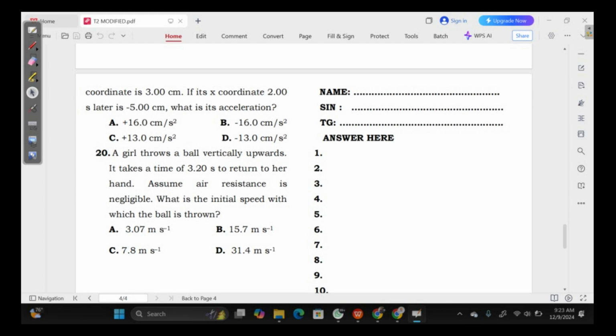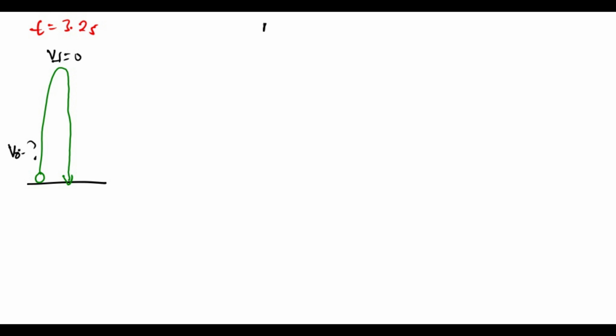So now, the data which we have, it was going up. G is negative 9.8. The time we have been given is 3.2. The V final, we know is 0. We don't know the V initial. It's the one we want to find.